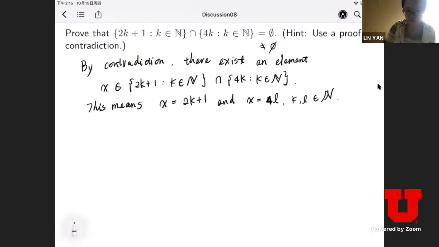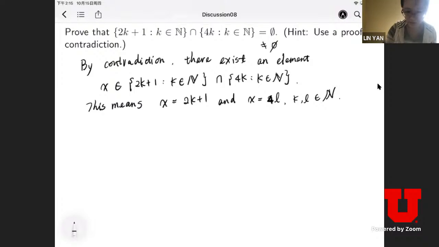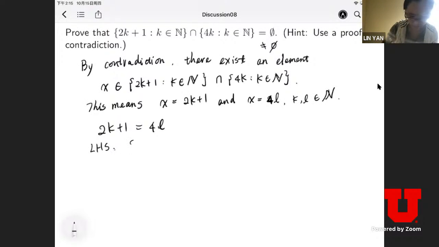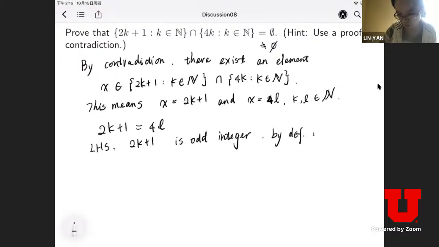So in this one, because X is equal to 2k plus 1, and it is also equal to 4L, then we have 2k plus 1 equal to 4L. From the left-hand side, 2k plus 1 is an odd integer. This is by the definition of odd number. From the right-hand side, we have 4L.